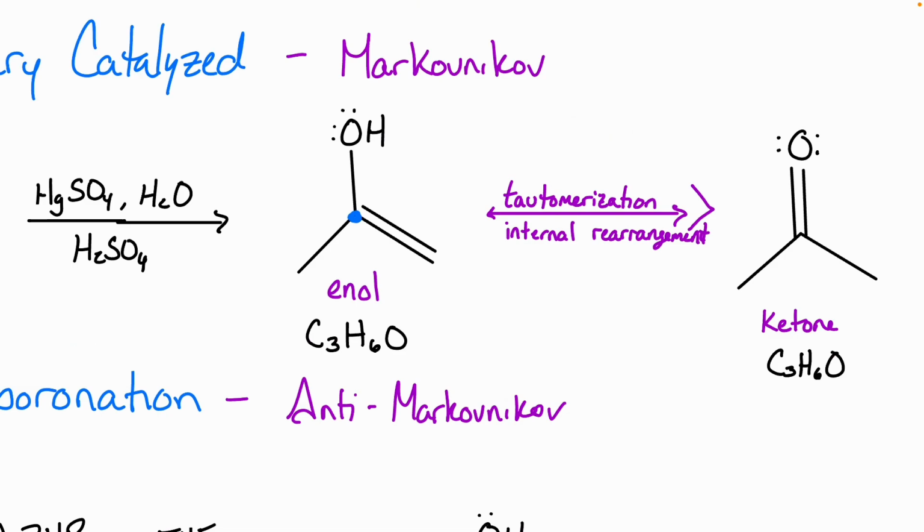To be clear, my double bond moved, that's pretty obvious, but so did this hydrogen right here. Now it's found as one of the hydrogens on this carbon. Originally there were only two because of that double bond, and now I've got three. So we move that hydrogen over and move that double bond.